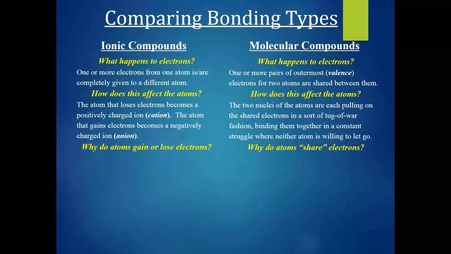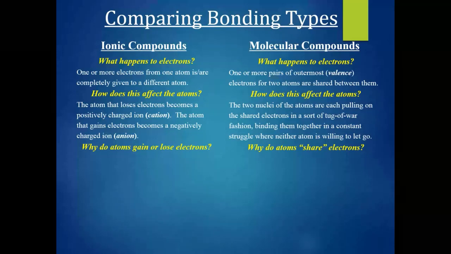Having that number of electrons is particularly stable. So if it can have 2 electrons like helium, or 10 electrons like neon, or if it can have 18 electrons like argon, then it will be much more stable than the counterparts.